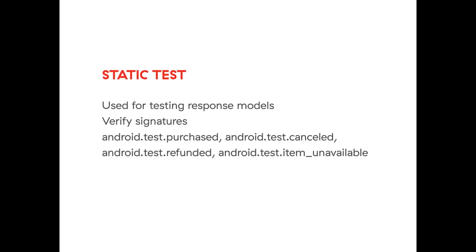So the first thing you can test are static responses that Google provides and should be used for testing your response models and verifying signatures that you are checking inside your app. These are the four, let's say, item IDs you can send to Google with the methods I explained before, and you will get some response.